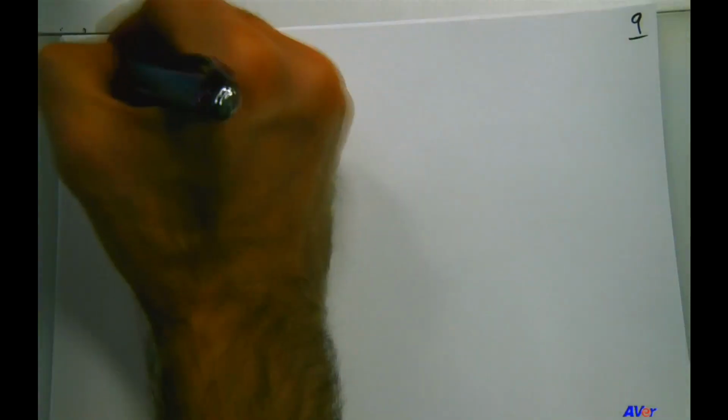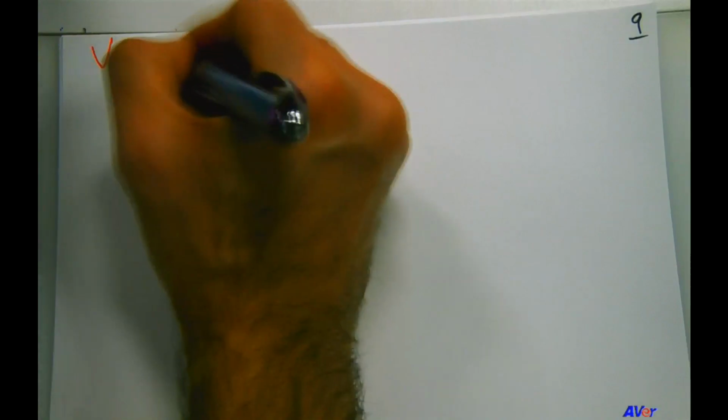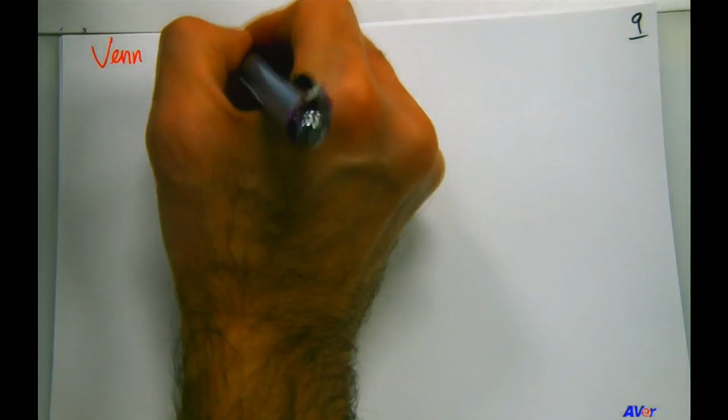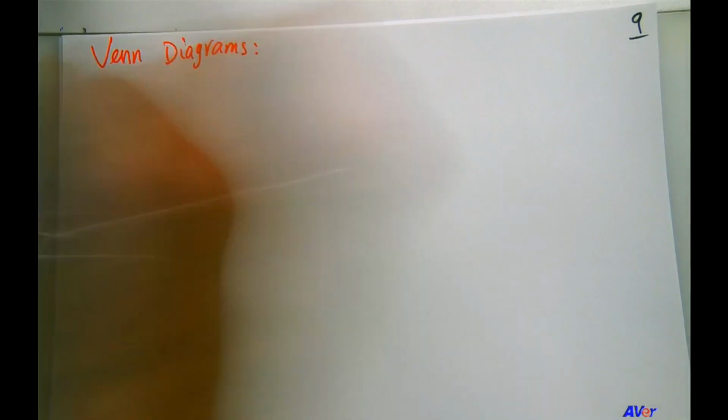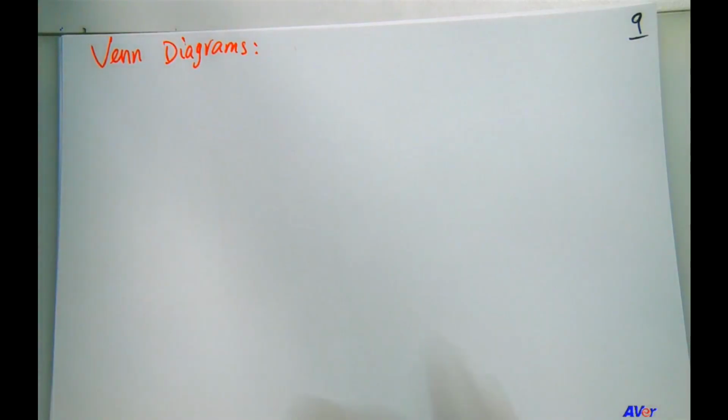So it's okay, I'll just move to a new page. So we want to understand Venn diagrams. We will have to say more about Venn diagrams in future sections though. But here we're just going to introduce it and do a few examples.